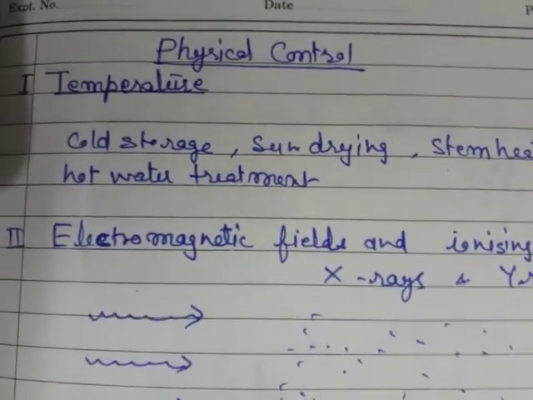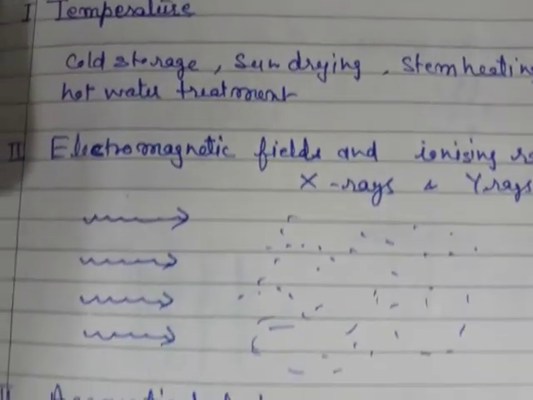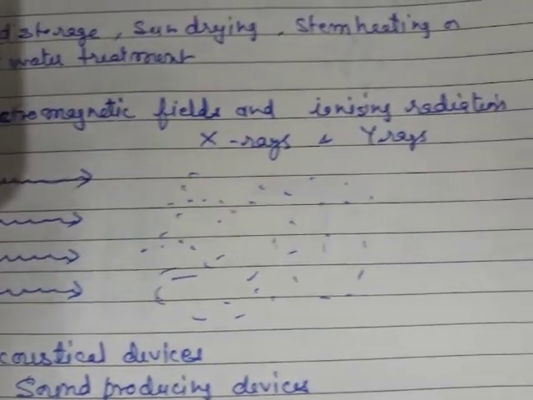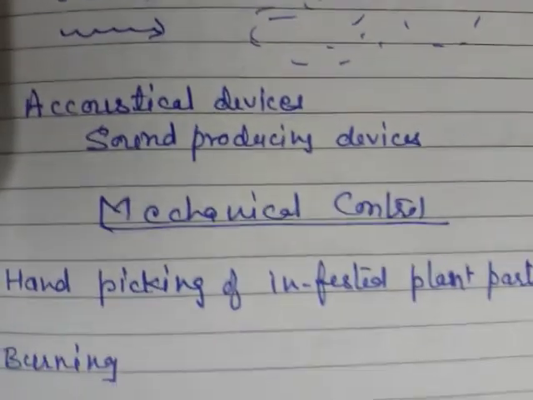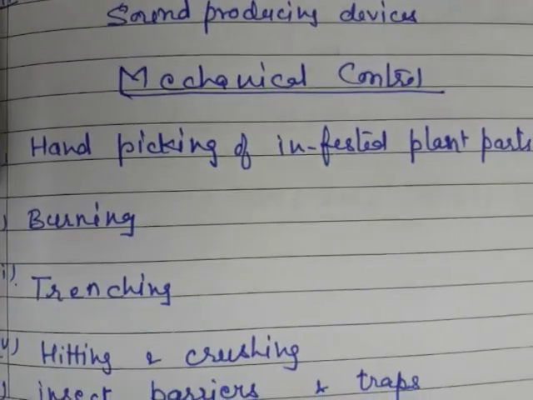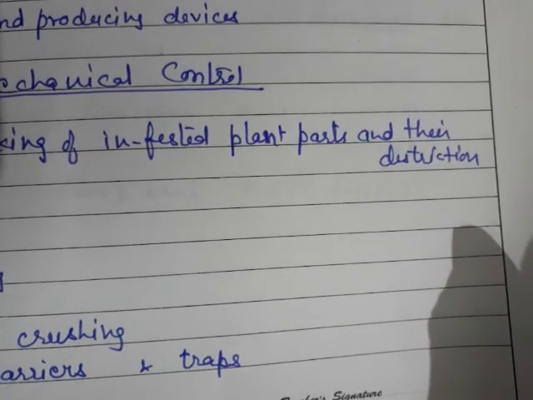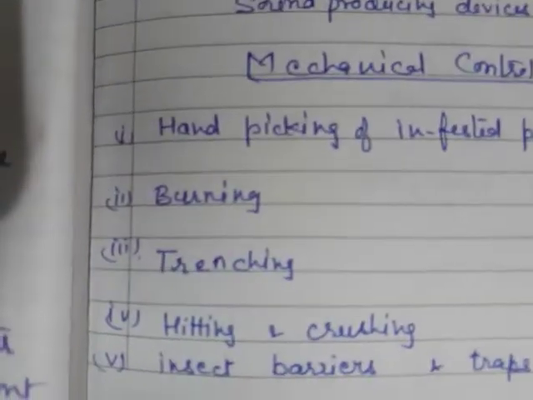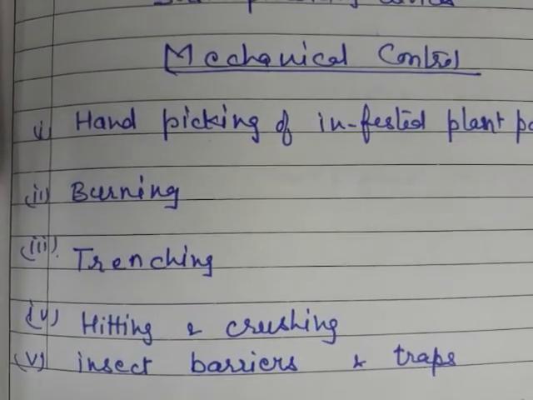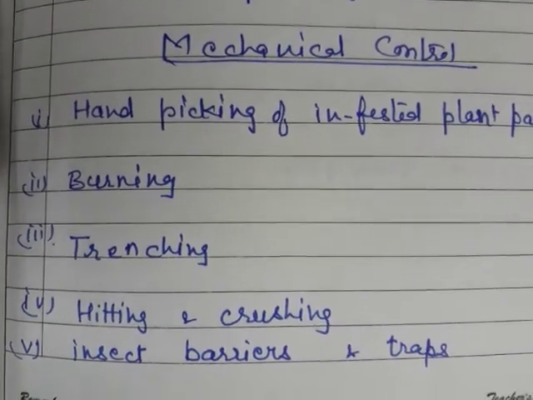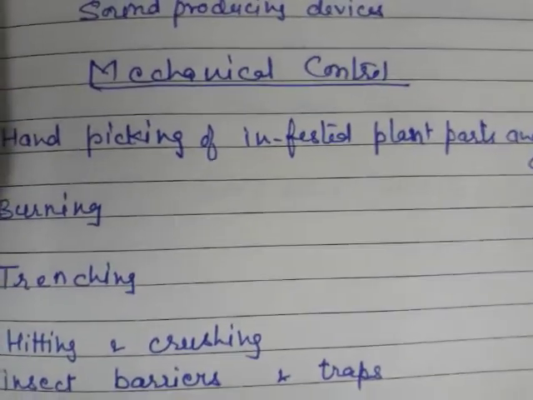Physical control: temperature, cold storage, sun drying, steam heating or hot water treatment, electromagnetic fields and ionizing radiation, sound producing devices. Mechanical control: hand picking of infested plant parts and their destruction, burning, trenching, hitting and crushing, insect barriers and traps.